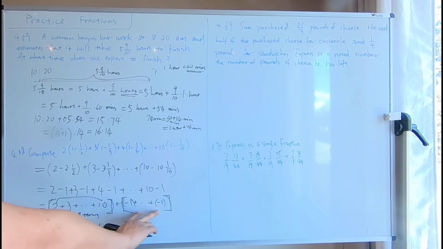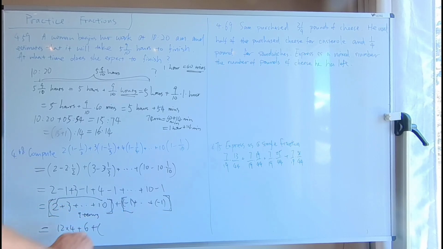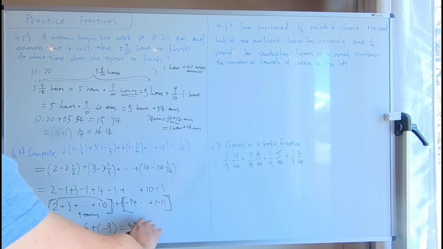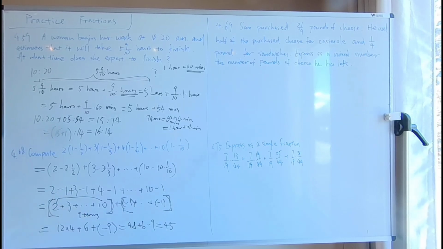And then I have also 9 terms over here. Each one of them is -1, so I have -9. So I have 48 plus 6 minus 9, which is 45. Okay, so this is this question.